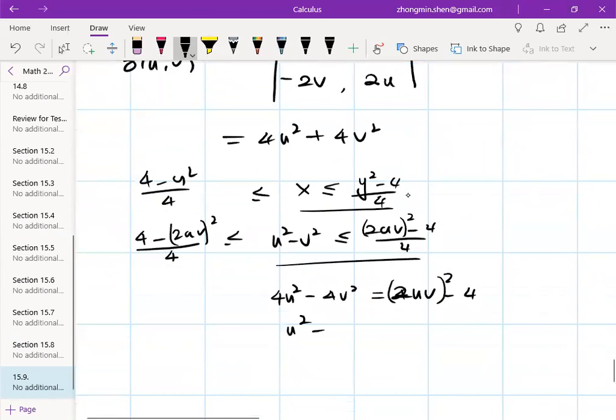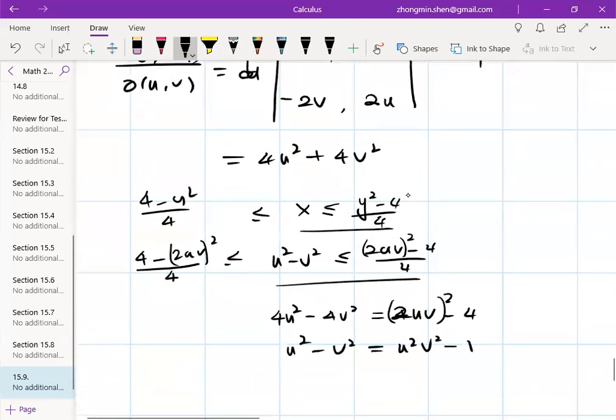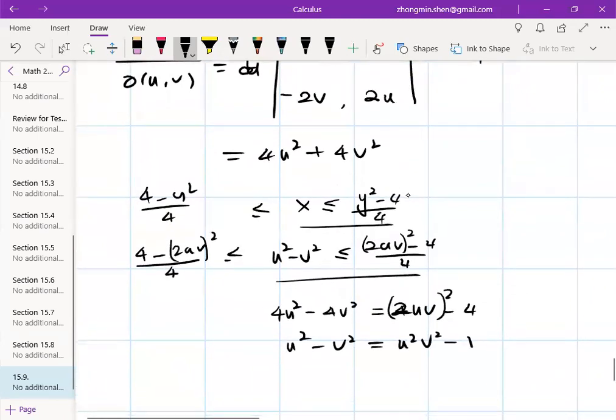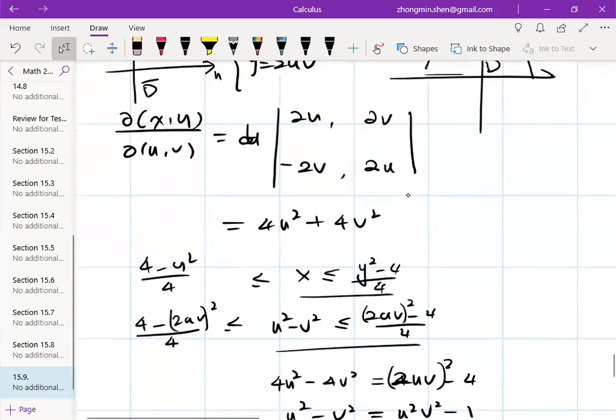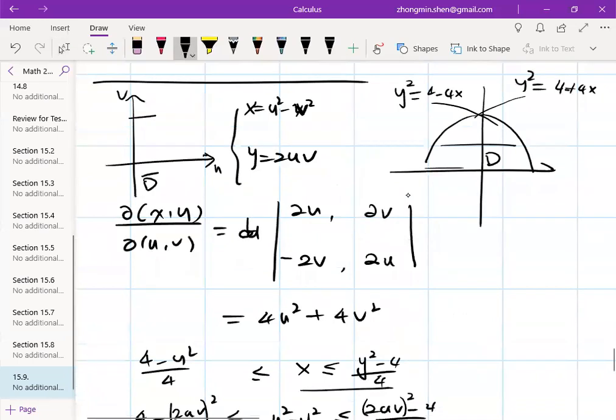So you get x squared minus v squared equals u squared v squared minus 1. Now, this does not give you a clear picture of the region. Actually, this is going to be mapped from 0 to 1, and this region from 0 to 1 and from 0 to 1, right?